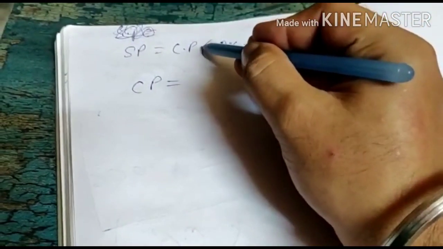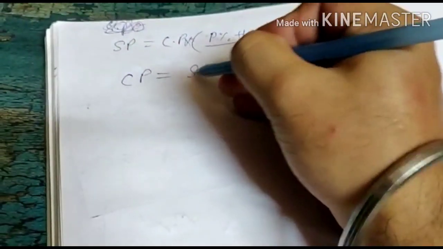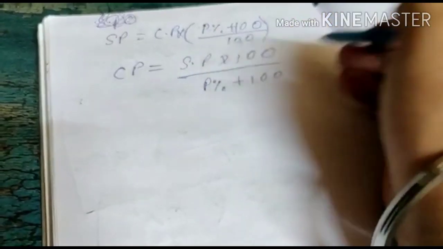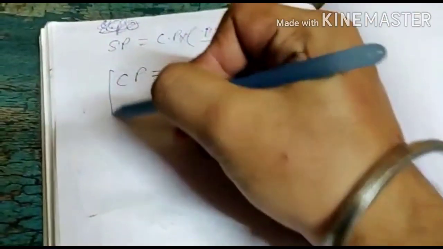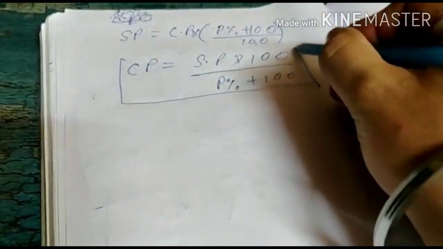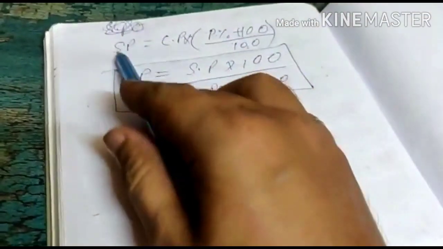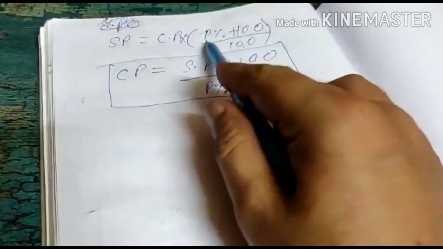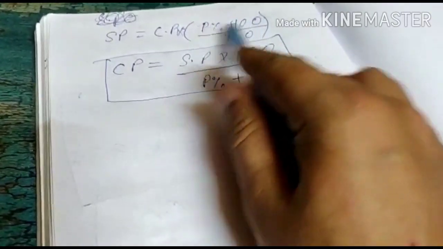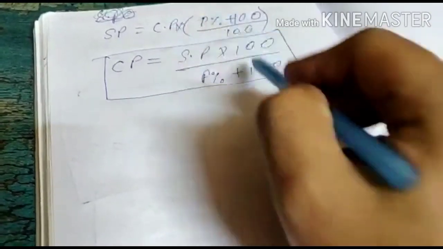CP into P percent plus 100 is in multiply and 100 is in divide. So this 100 will go in multiply with SP, and this P percent plus 100 will come in divide. You can write this too. This 100 goes in multiply, it will become SP into 100, and this P percent plus 100 is in multiply with CP, and this will come in divide.